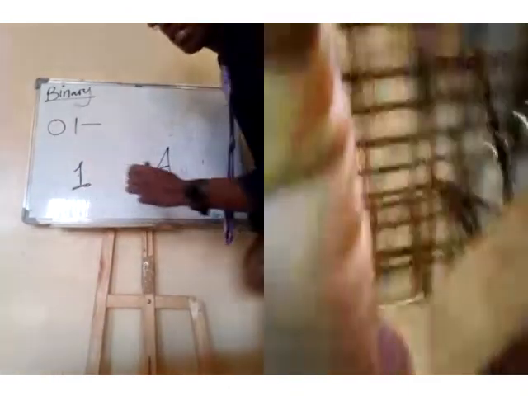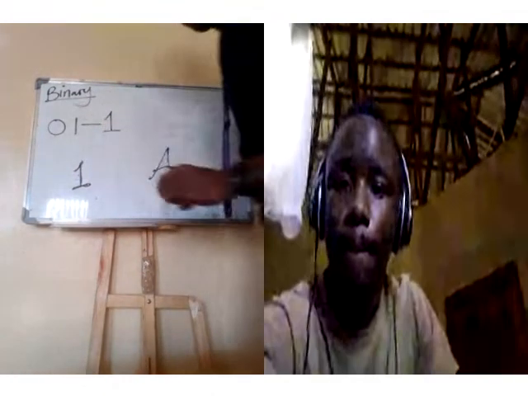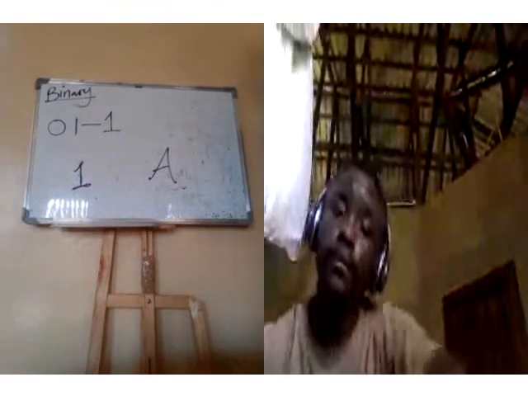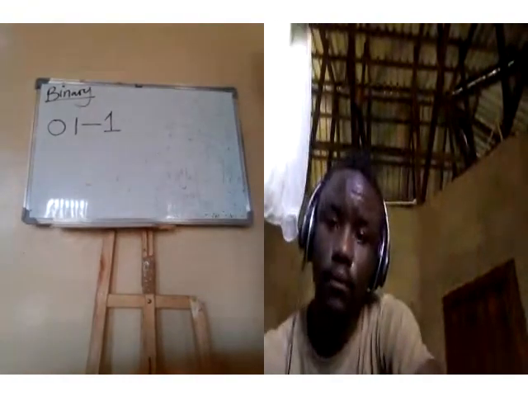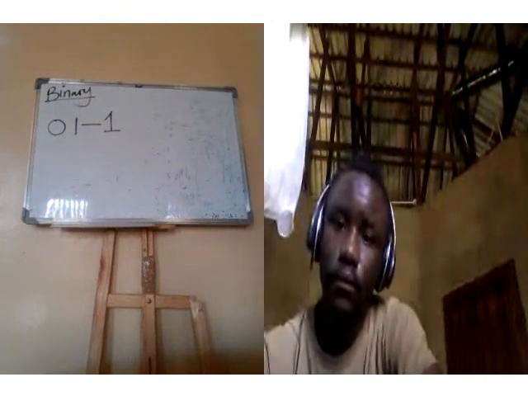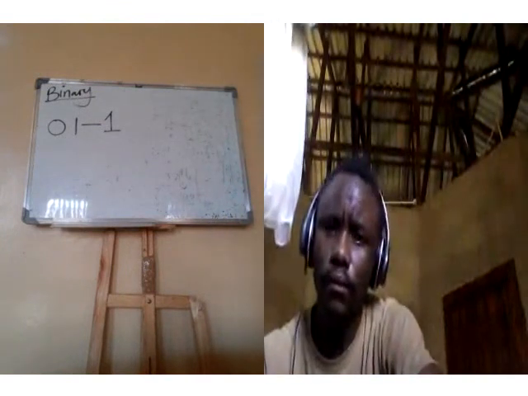Now, what is 1 in binary? This is where I'm going to start from. Okay? 0 and 1 is simply 1. That's simple. 0 and 1 is simply 1. How do we know it's 1? So that's the way the computer works.